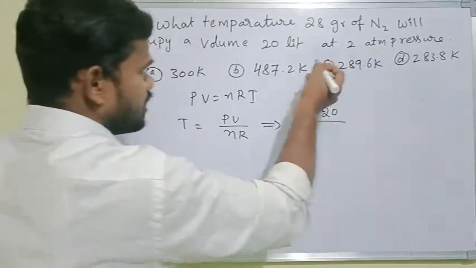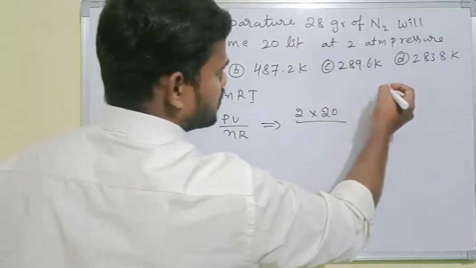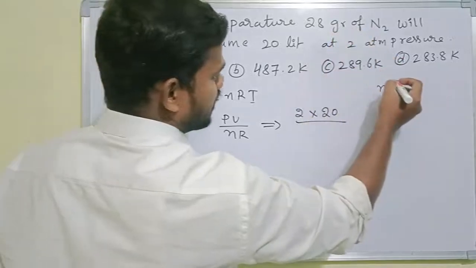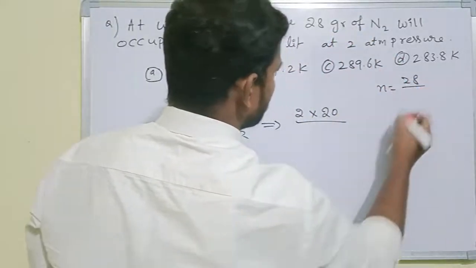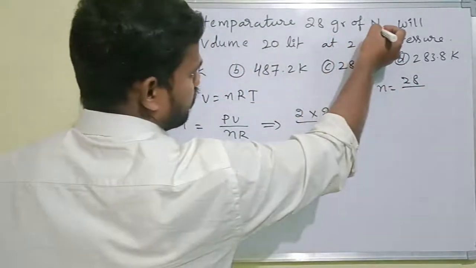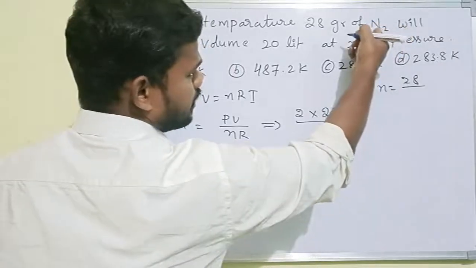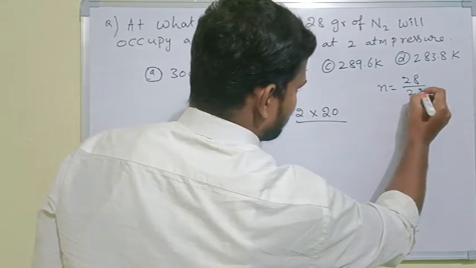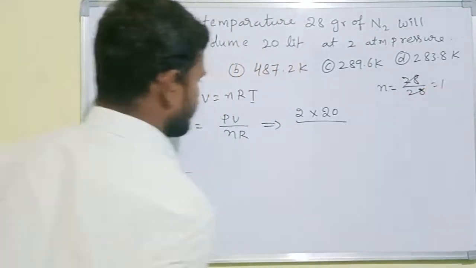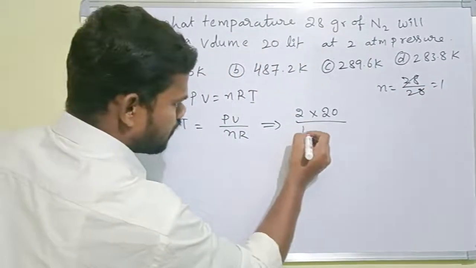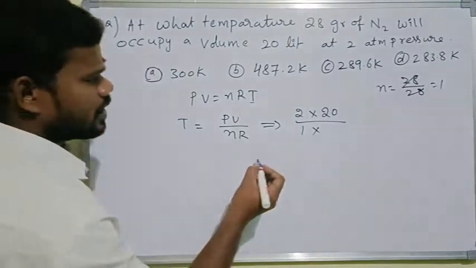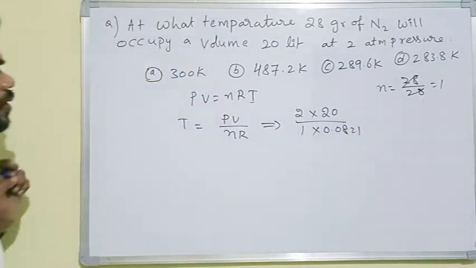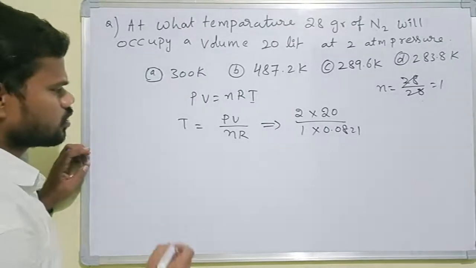The given weight of nitrogen is 28 grams, divided by the molecular mass of N2. Nitrogen's atomic weight is 14, and 2 nitrogens are there, so 28. 28 by 28 means 1, that is 1 mole. Then 1 into the R value, the constant 0.0821.